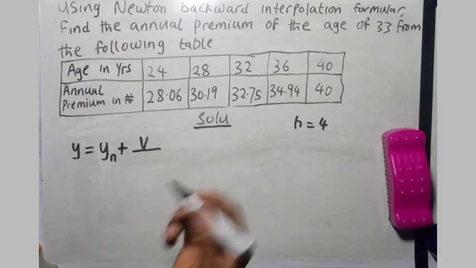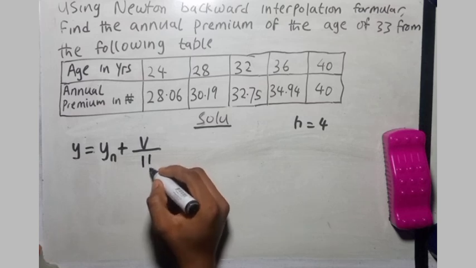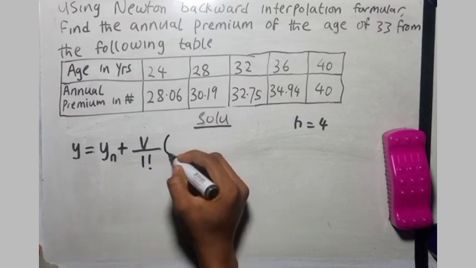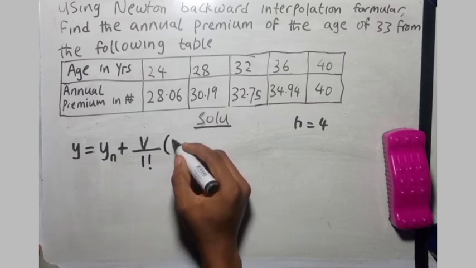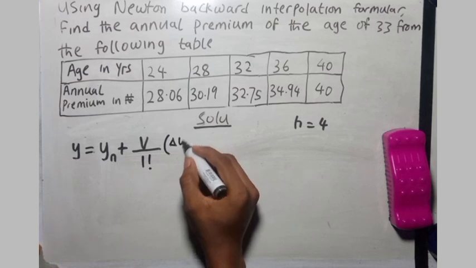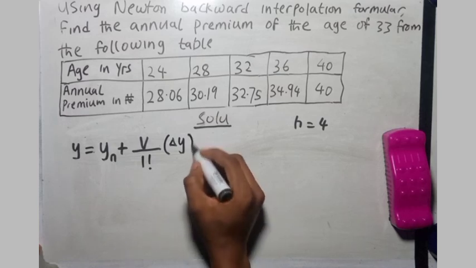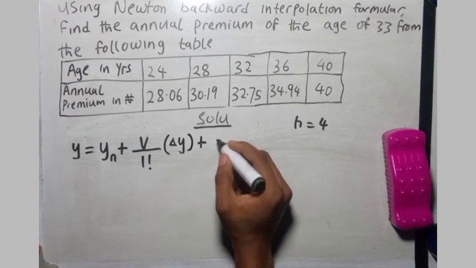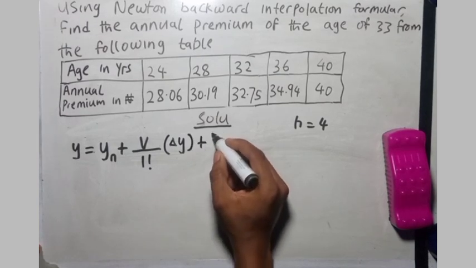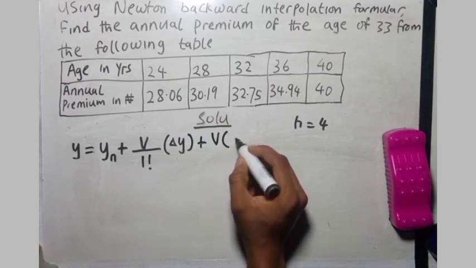So this over your factorial as usual, 1 factorial, then multiplied by your change in y. Then you add to this the next term.